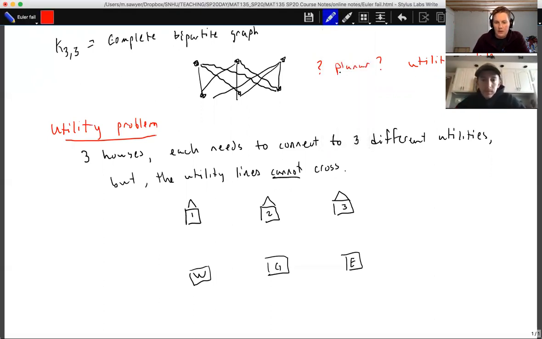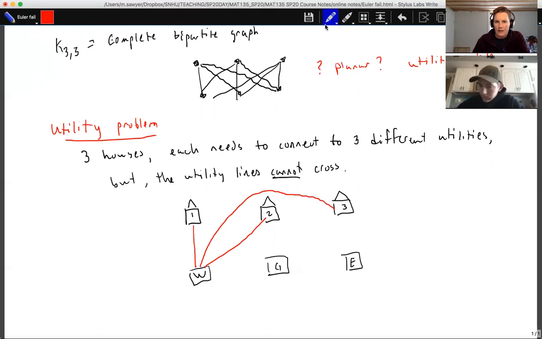So we can start making our connections here. We can connect water, and I'm going to do a little bit of sneaking around here. So I've connected water to 1, 2, and 3, and that's working out well for me.